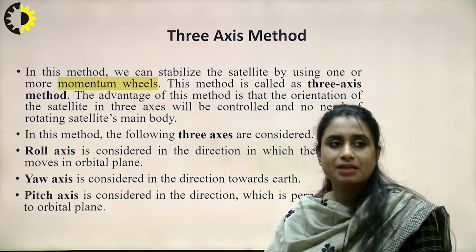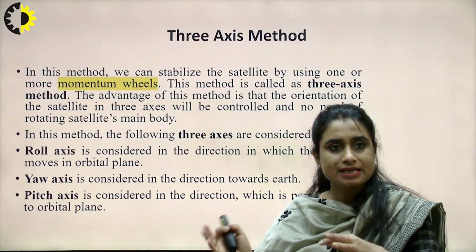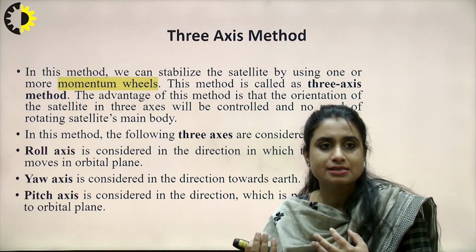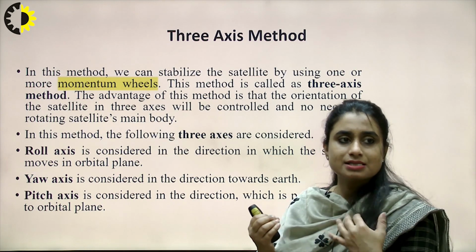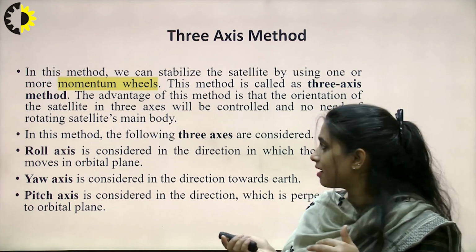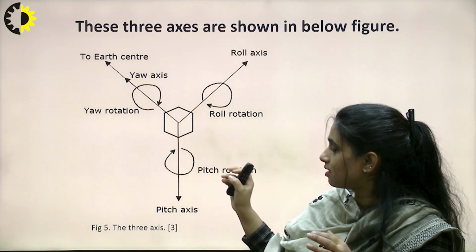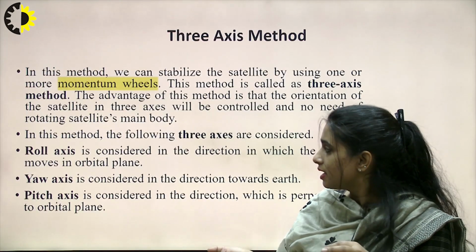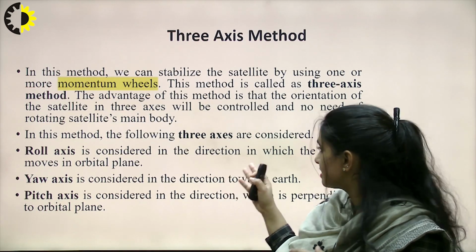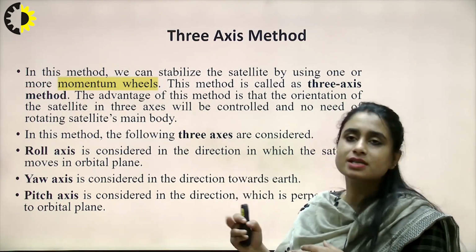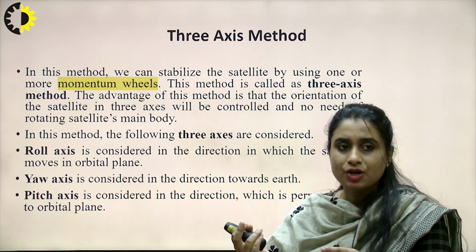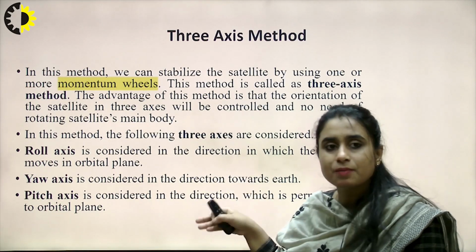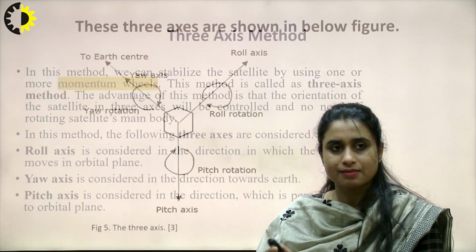In the 3-axis stabilized method, we stabilize the satellite with the help of momentum wheels, right? In this method, we can see the forces in 3 directions: yaw, pitch and roll. The roll axis is considered in the direction in which the satellite moves in the orbital plane. Yaw is the direction towards the earth's center, and pitch is perpendicular to the orbital plane.